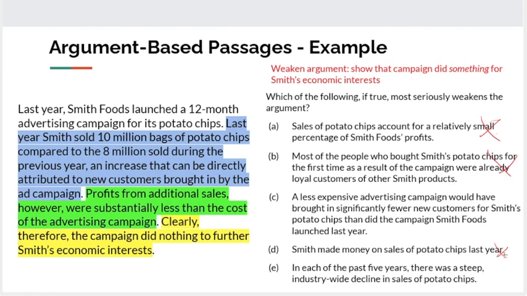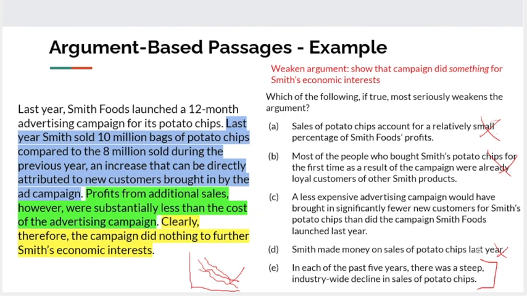And then when we get to E, in each of the past 5 years, there was a steep industry-wide decline in sales of potato chips. And we look at this and say, aha, if there has been a decline in the sales of potato chips and their competitors are having various rates of decline in their own sales, but then Smith comes along and reverses that decline, that would suggest that this advertising campaign was beneficial to the company, even if the profits from additional sales were less than the cost of the advertising campaign.